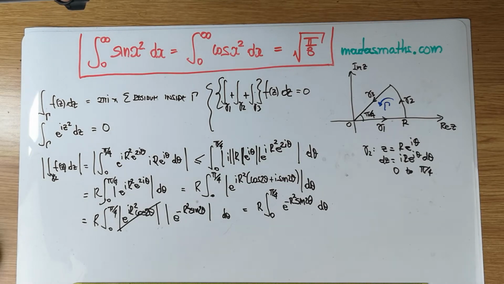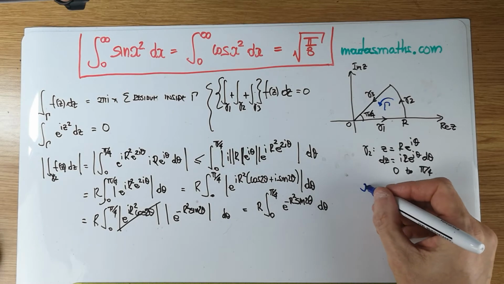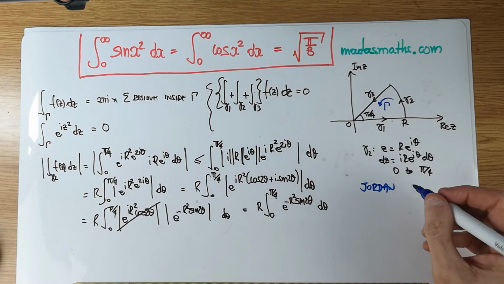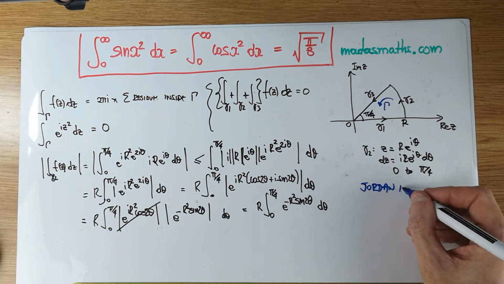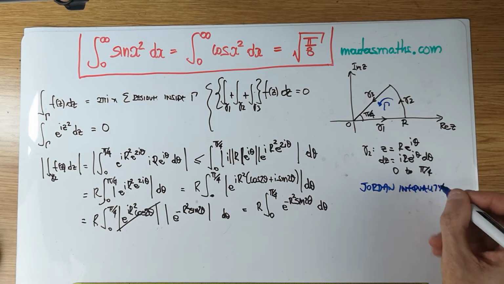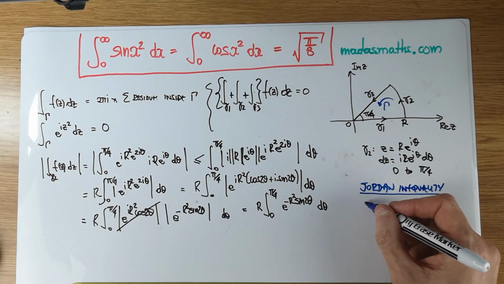Now, the way we make progress from here is by using Jordan's inequality. I'm going to quote it here. You can look it up, you can Google it. Jordan's inequality is used in the proof of Jordan's lemma. And this is what it says.